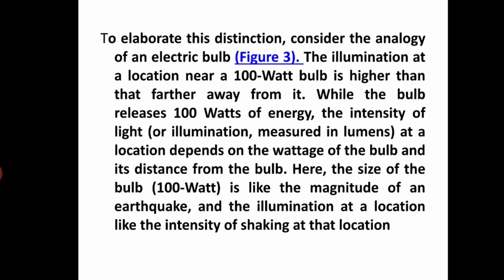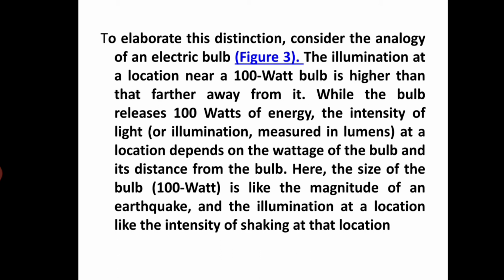Now to elaborate on this, consider the analogy of an electric bulb. The illumination at a location near a 100-watt bulb is higher than farther away from it, while the bulb is releasing 100 watts of energy. The intensity of light, measured in lux at a location, depends on the wattage of the bulb and the distance from the bulb.